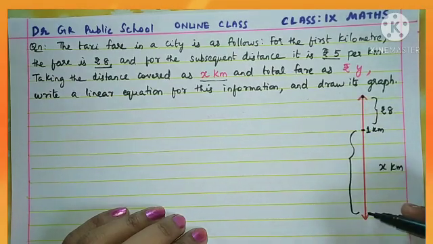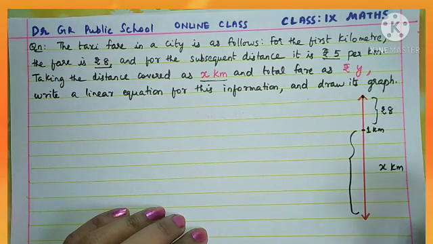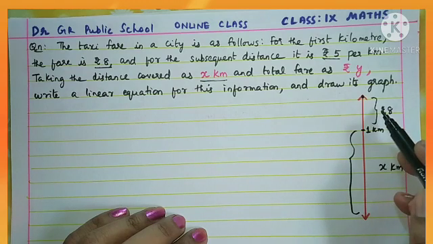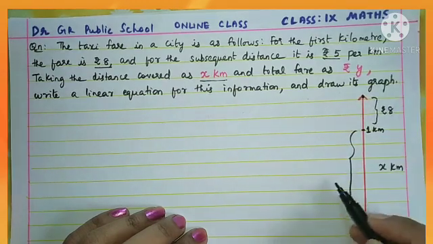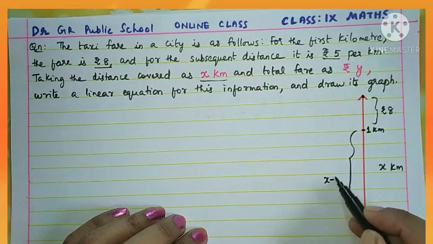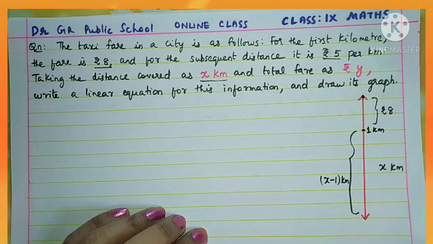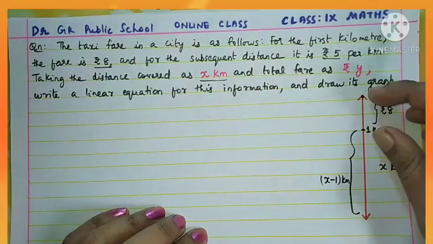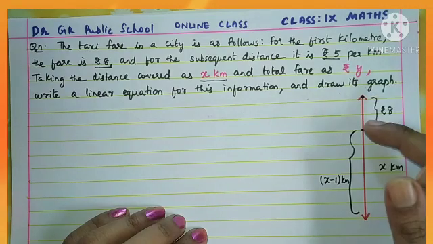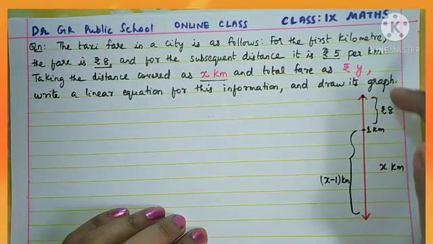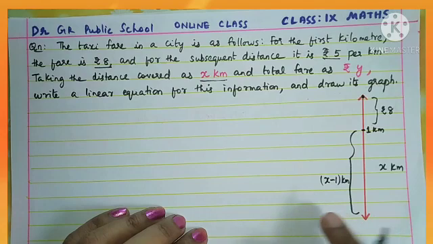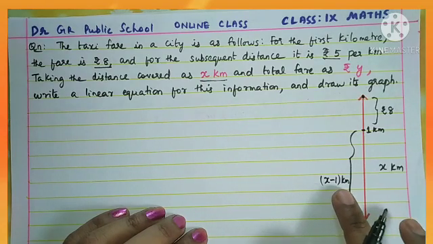Yes, very good. The total distance is x kilometer. From this x kilometer, we subtract this 1 kilometer, right? So you get x minus 1, in a bracket, kilometer. So after traveling 1 kilometer, the subsequent distance from the total distance x kilometer is x minus 1 kilometer.